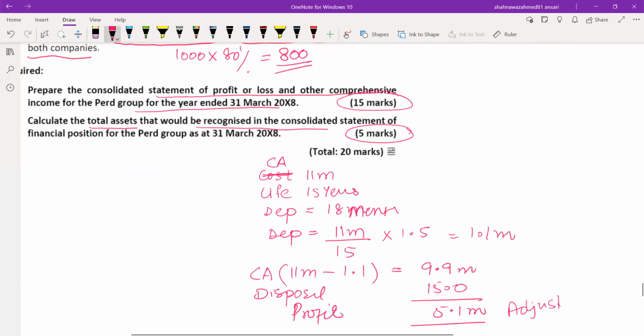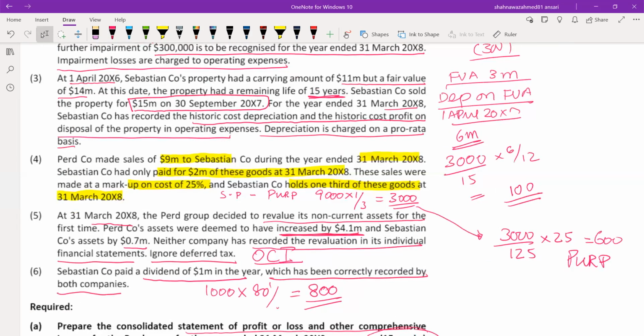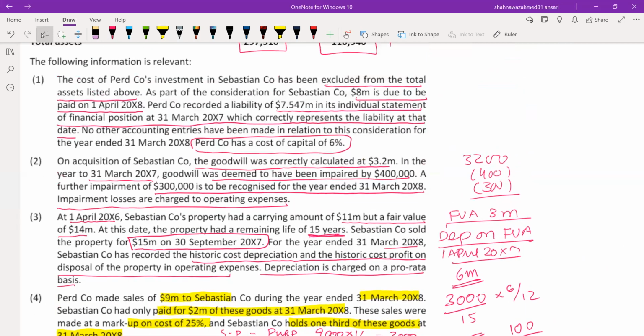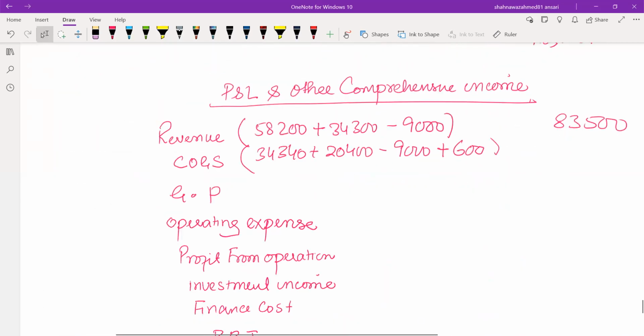Now, as far as depreciation is concerned, let's see what would be the effect of depreciation. Depreciation we can either charge in cost of goods sold or in operating expenses. So it's a property, so let's charge in operating expenses. So COGS is final 46,340. This is COGS and this is my gross profit.